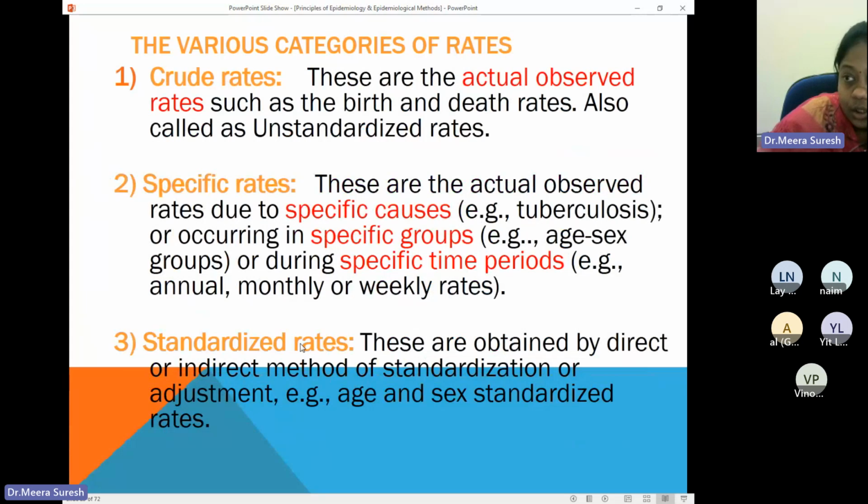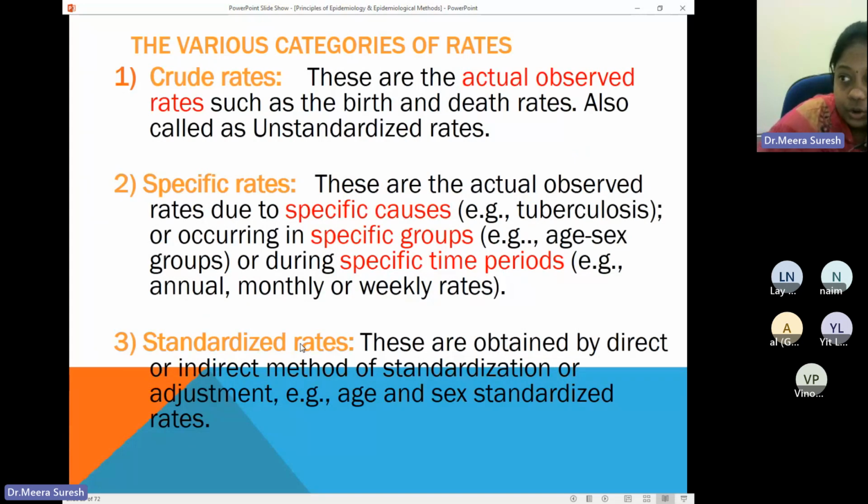We won't get to know the death rate among different age groups, like between 0 to 10 years, or among adults from 20 to 60 years.